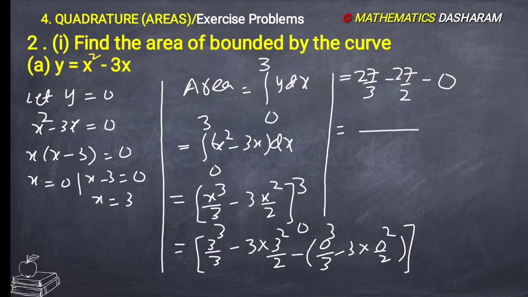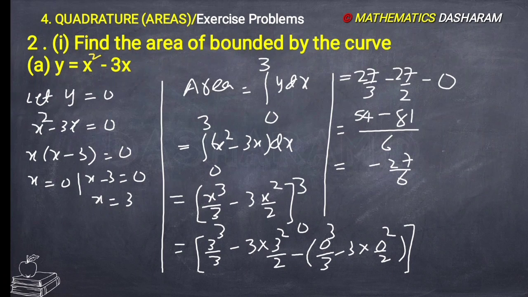Now the LCM of 3 and 2 is 6, 2 into 27 is 54 minus 3 into 27 is 81. So it is equals to 54 minus 81 is minus 27 divided by 6.